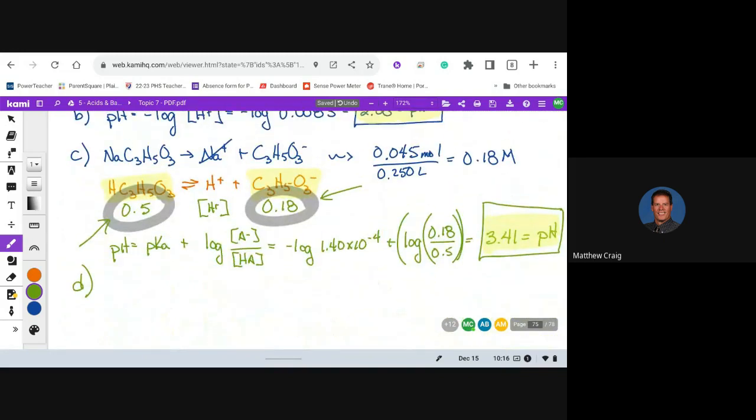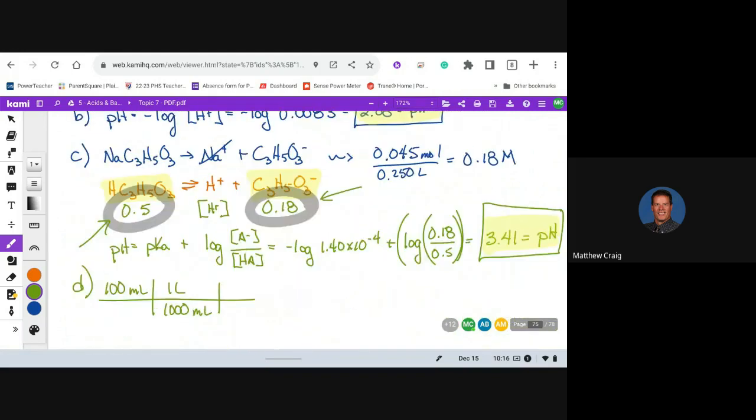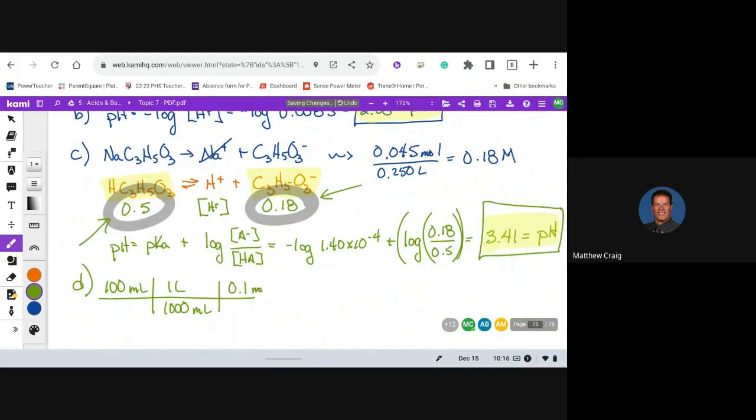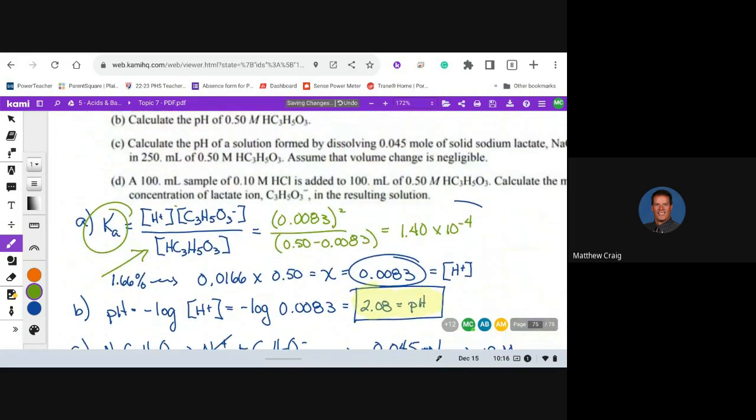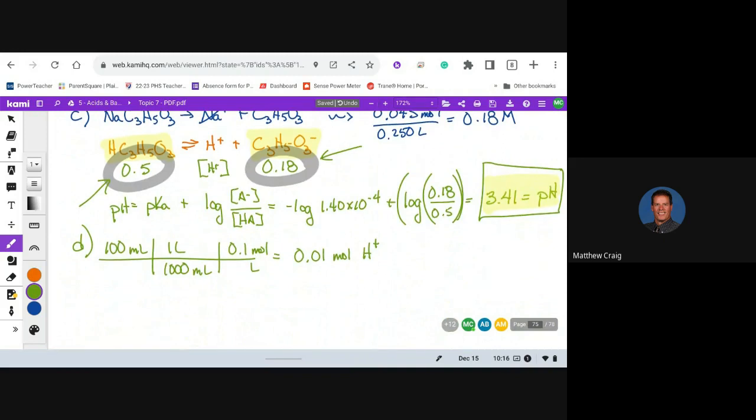Okay. So we have 100 milliliters, which is 0.1 liter, and that was 0.1 molar. So that'll give us 0.01 moles of HCl, actually a pure hydrogen, and 100 mL of the 0.5.